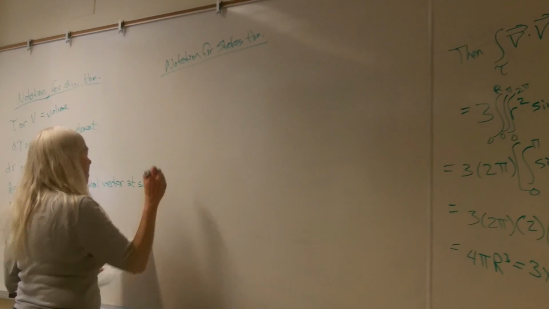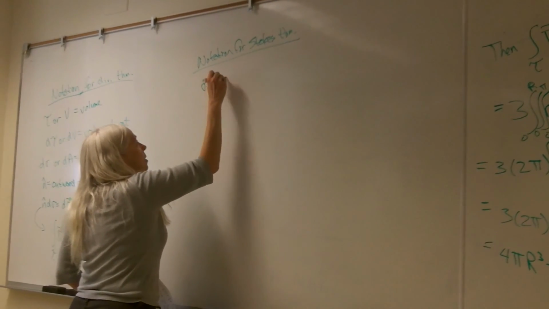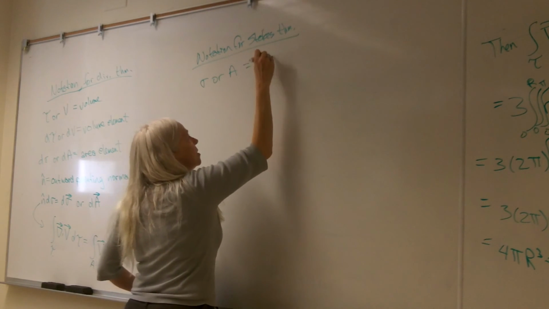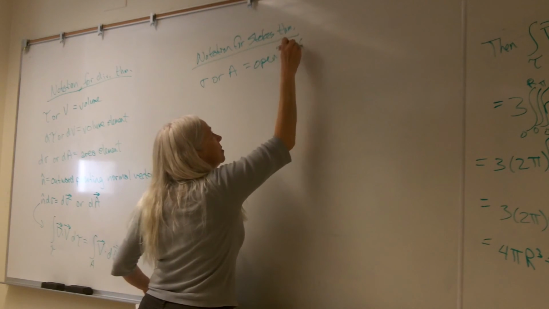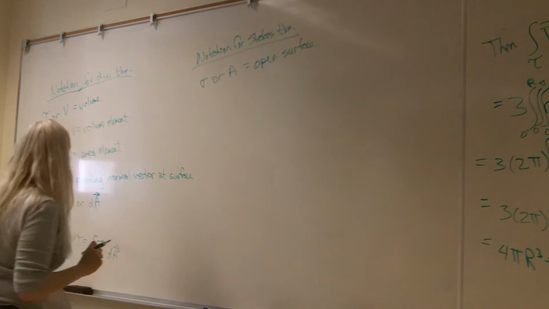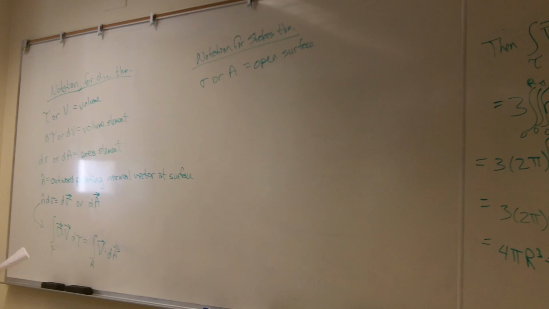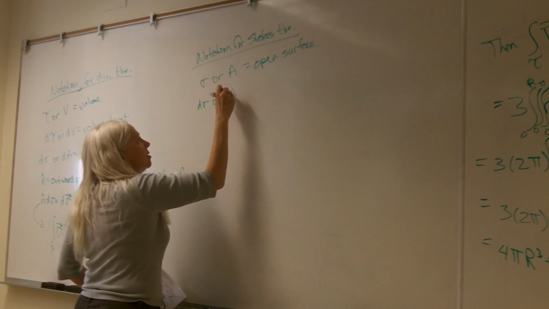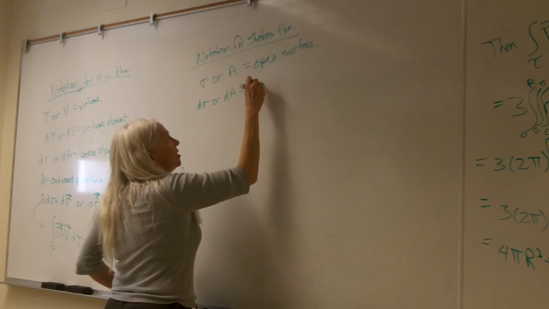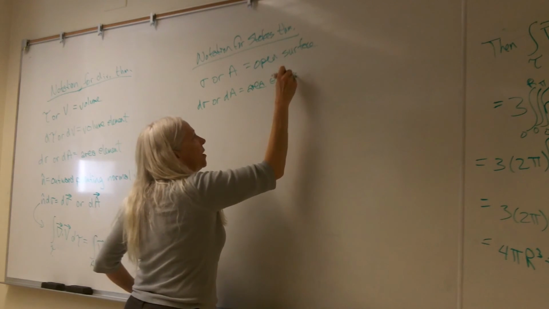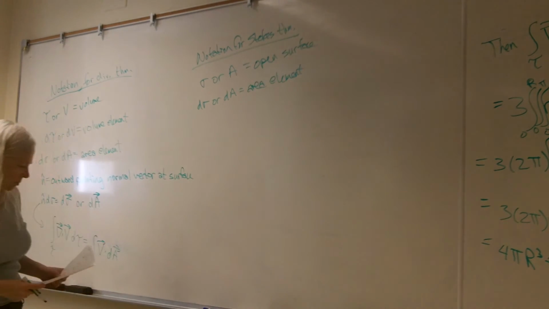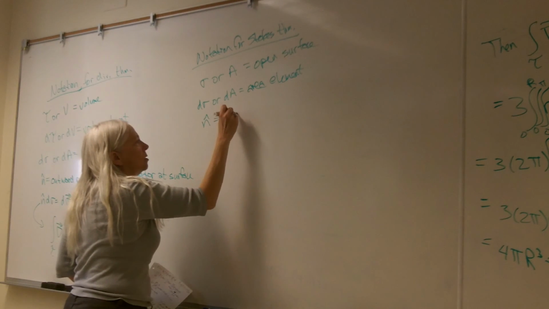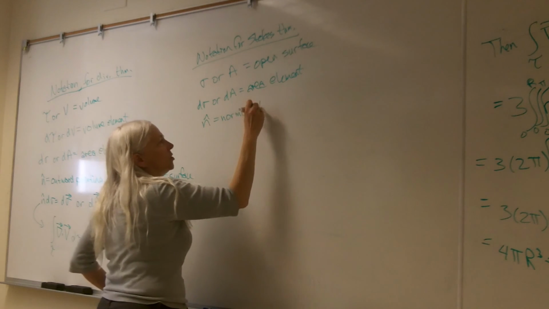So for Stoke's theorem, you will see both sigma and A used to designate an open surface. D sigma or dA would be an area element, in other words, an infinitesimal patch of area along that surface. N hat is again a normal unit vector to the surface.